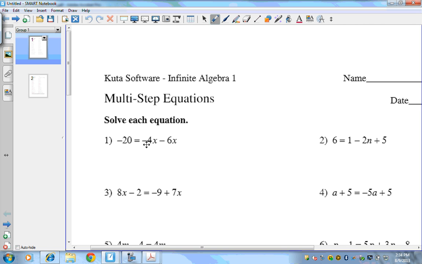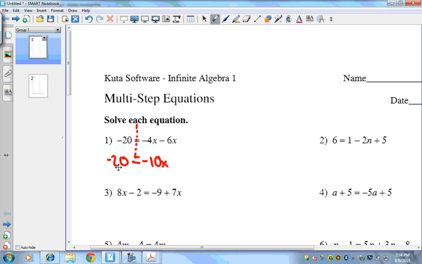Notice that this is my boundary line, so to speak. Everything that I'm combining that doesn't have to go across the boundary line will stay the same sign. So we have negative 4x minus 6x, which when we do the math, we get negative 10x.